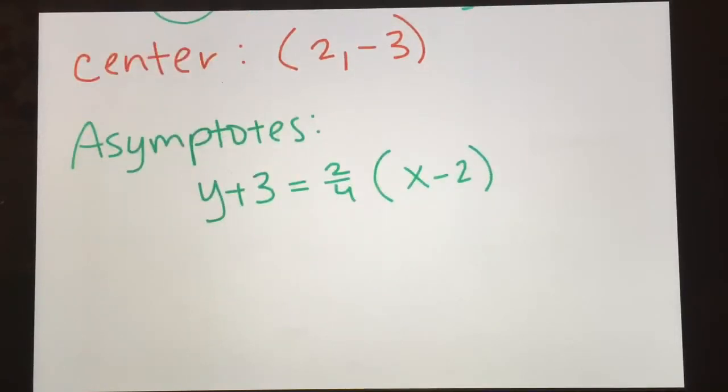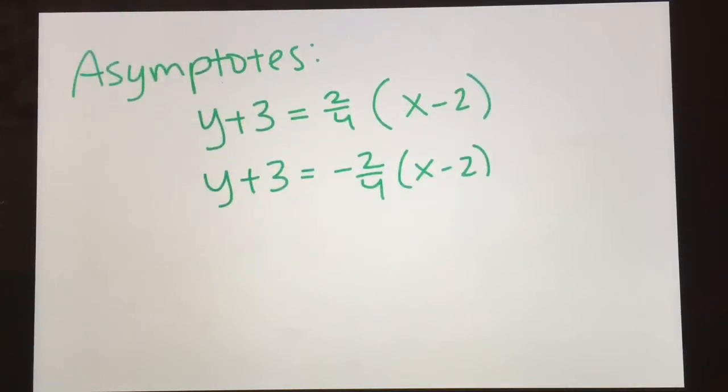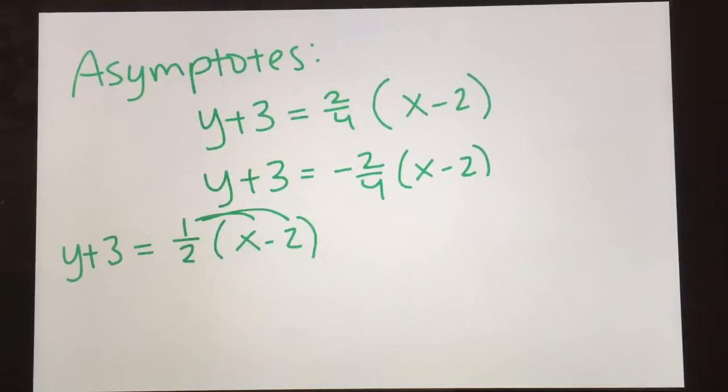And I also am going to have to do the alternate version of that. So y plus 3 equals negative 2/4 times (x minus 2). Okay, so for the first one, I just want to simplify it so that it's something I can graph. I went ahead and simplified that fraction. So I've got 1/2 (x minus 2).